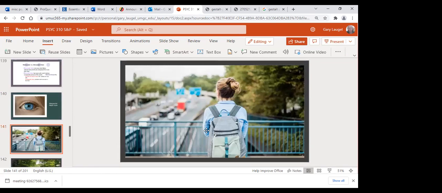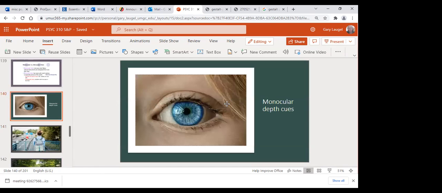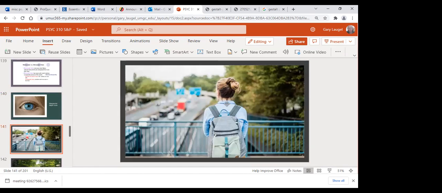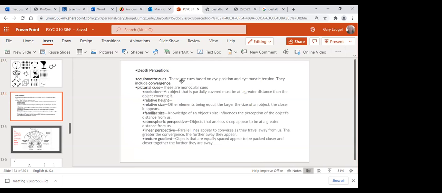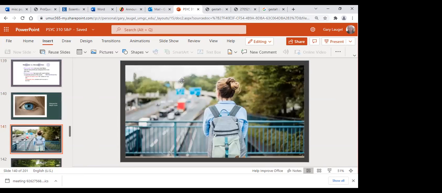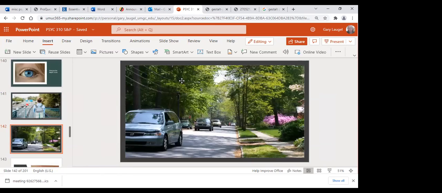In fact, let's take a look at some of these. These would be monocular depth cues using one eye. Notice that you might say this may be the atmospheric perspective. In other words, things get a little bit less clear in the distance. And of course, this is the familiar size. You have several cues going on here.